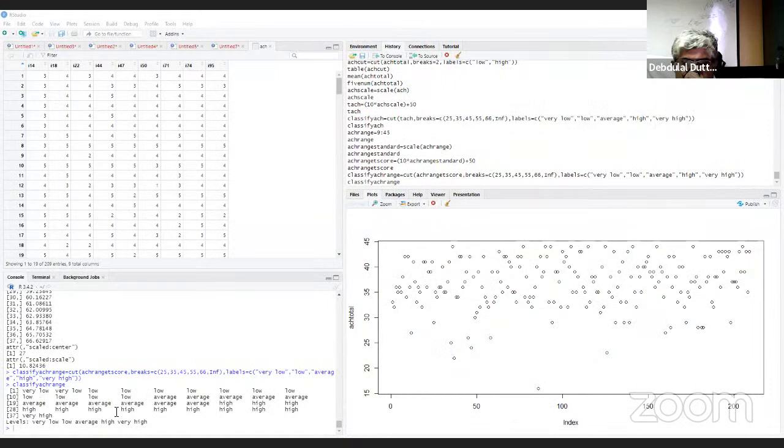Based on this calculation, now we are going to classify the range. So you will see from 40 to 44, those people belong to the high category, and we are going to select only those people who score between 40 and 44.